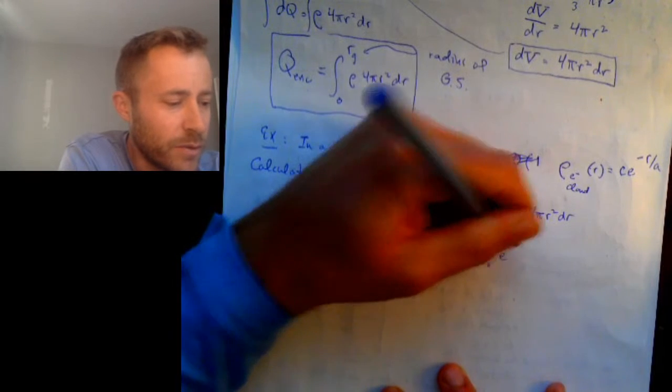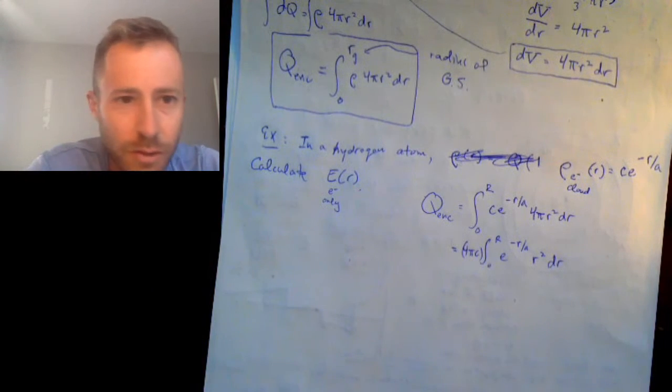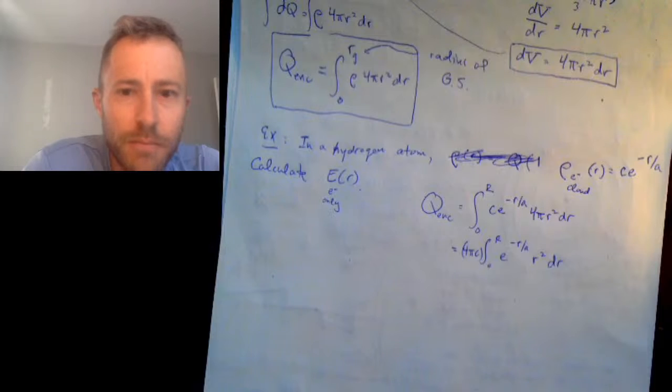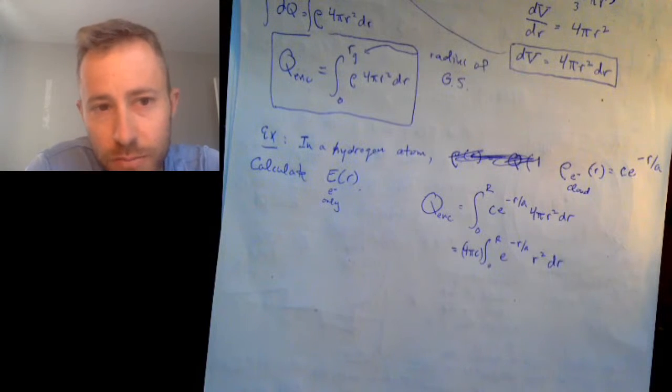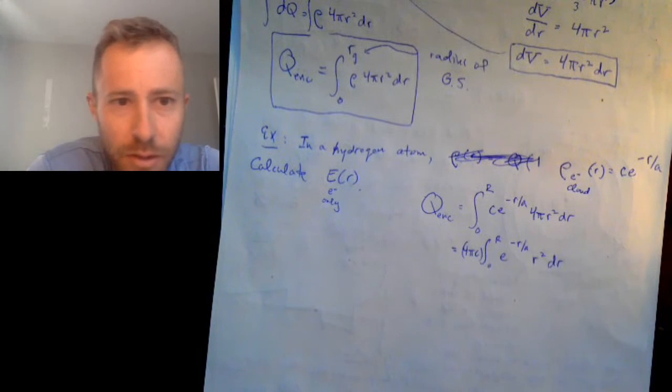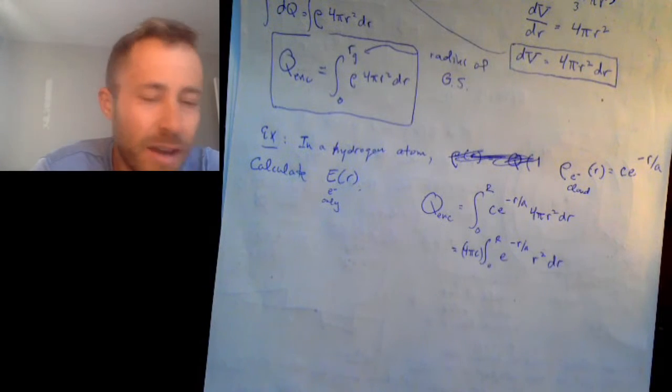And then we have to do this integral. I'm guessing that most of you do not know how to do this integral. This is an integral that can only be done using a method called integration by parts. I don't know if you learned integration by parts. I think you do in Calc BC, but I don't think you learn it in Calc AB.